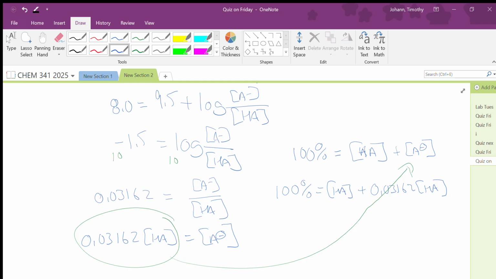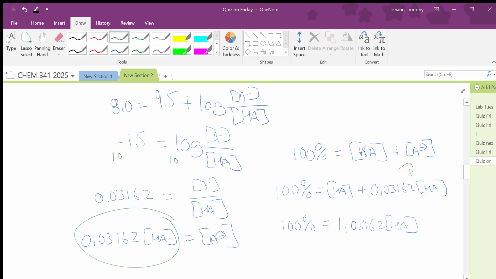If you were confused of how many HA this was, don't worry. Lots of people are confused the first time they see it. And so I've got 100% is equal to 1.03162 HA.